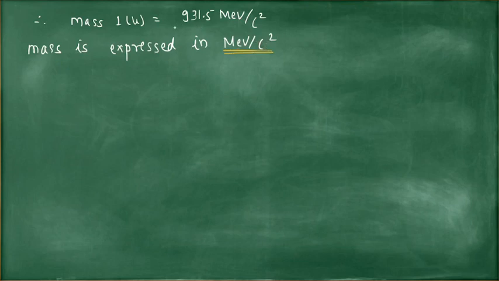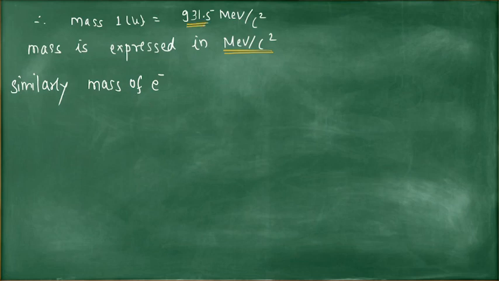Now subatomic particles' mass is measured in 3 types of units. One is kg or gram, another is atomic mass unit or U, and the third one is mega electron volt per c square. So similarly, mass of electron can be expressed.